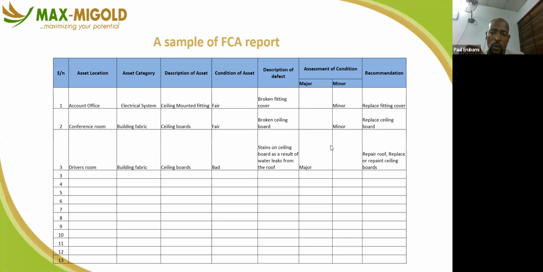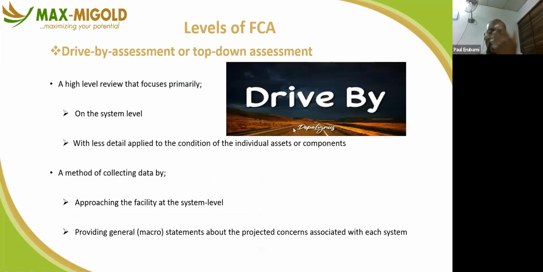Then we've mentioned what are the tools that we can use, and the types of facility condition assessment you can carry out. We've discussed facility condition index, which is determined by the ratio of the total amount of money required to carry out maintenance after the assessment has been carried out, divided by the total current value of that asset.